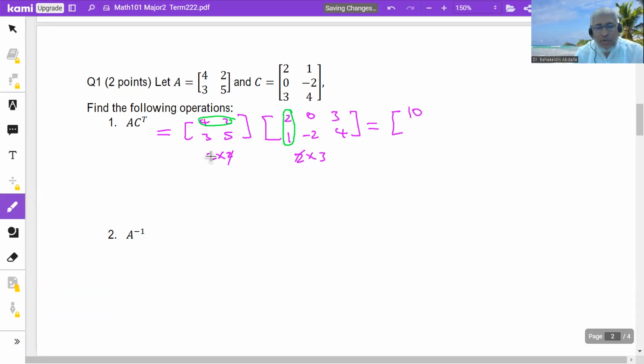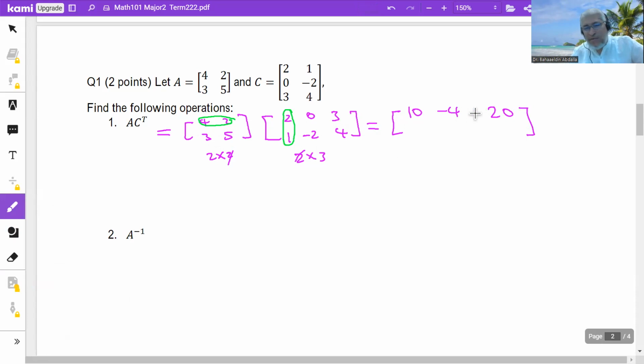And we do this again. Now we multiply the first row by the second column. So 4 times 0 is 0, and 2 times -2 is -4. Then the first row by the third column. 4 times 3 is 12. 2 times 4 is 8. 12 plus 8 is 20.